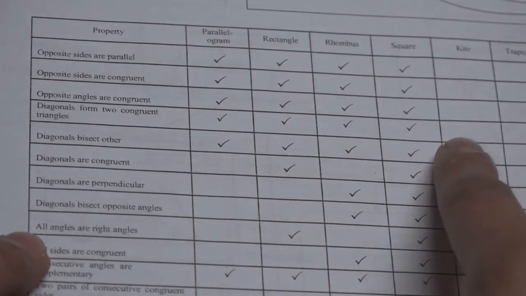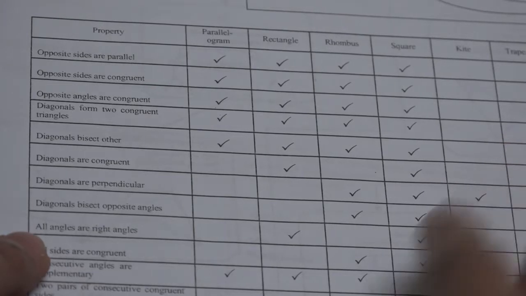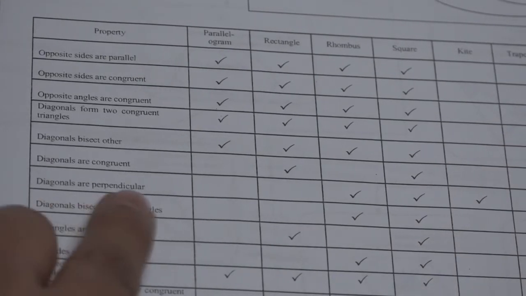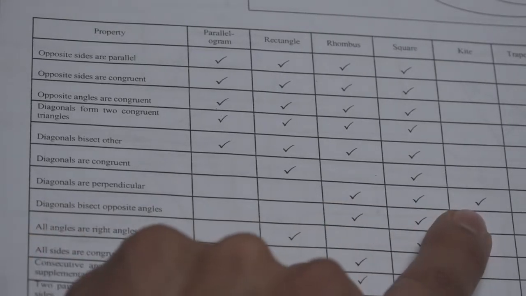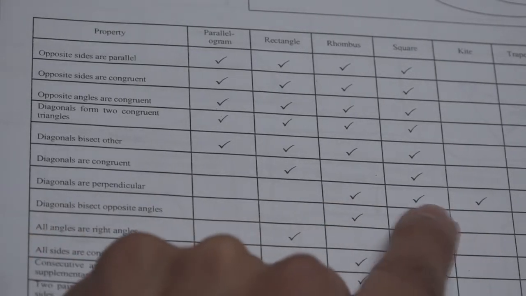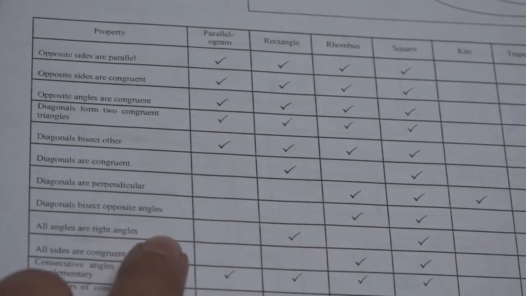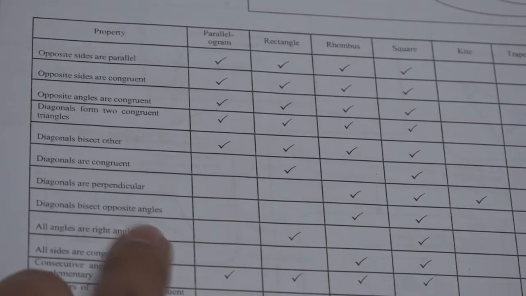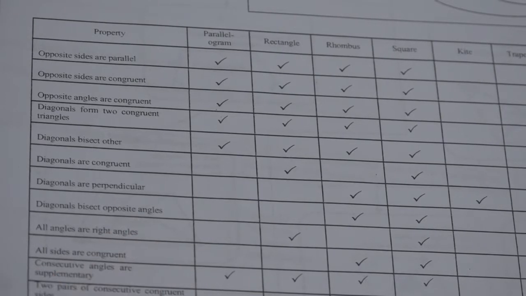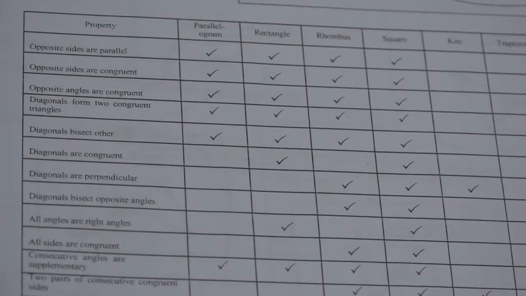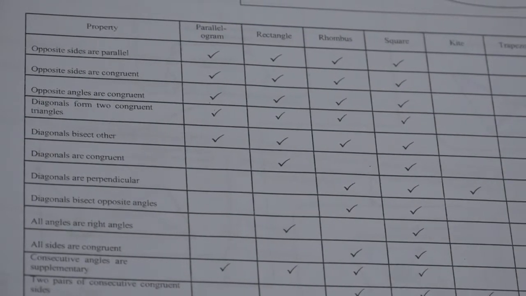All of them except for the kite, trapezoid, and isosceles trapezoid. Diagonals are perpendicular. Look, on the kite, they are perpendicular right here. Ha! Yeah, you tried to trick me, but you couldn't. Anyway, this is just a table of check marks based on what we just did.